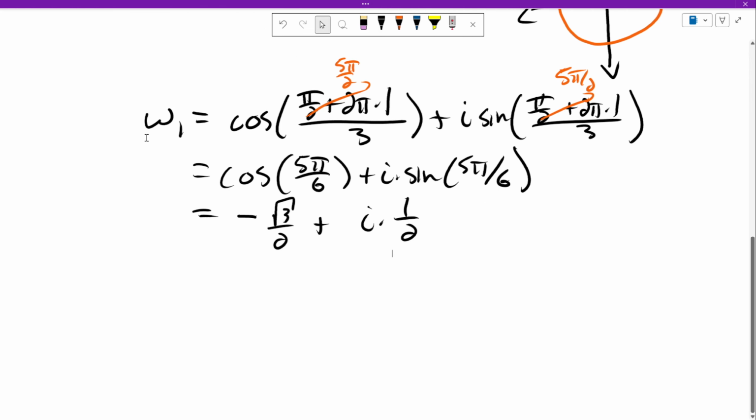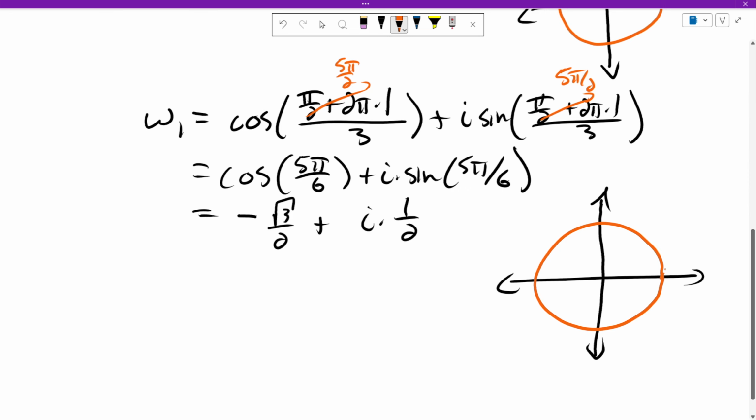Let's draw another picture so we can get a handle on what this w_1 is. Again, we're going to draw our unit circle, mark i, and then w_1 is over here.